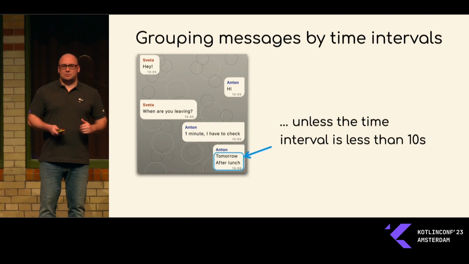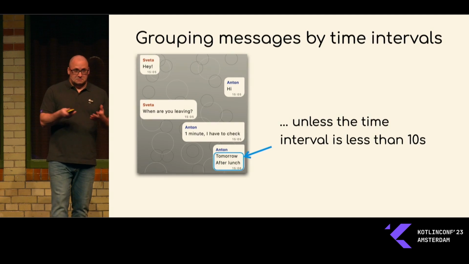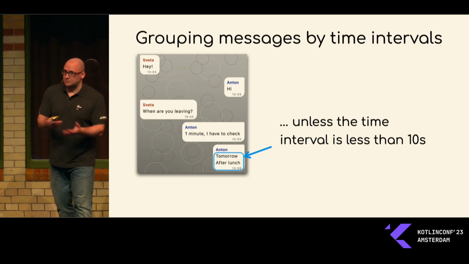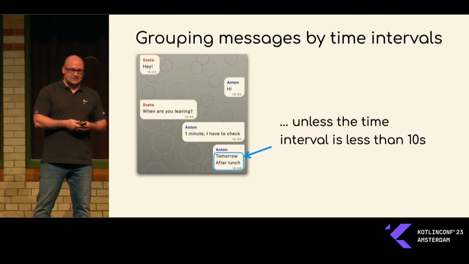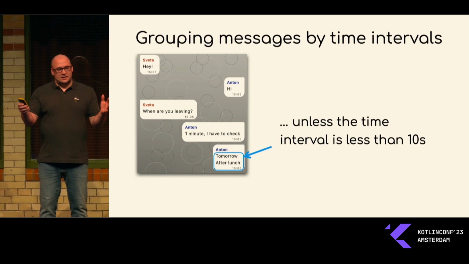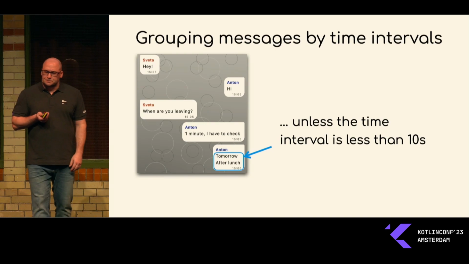And that condition could be if the message was sent with a time interval less than some period of time, let's say 10 seconds. So I appended the message, and it looks like one, right?